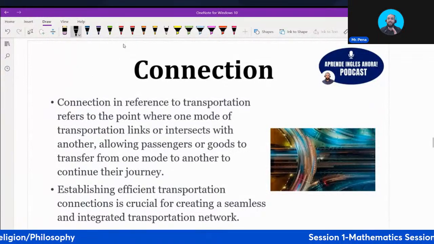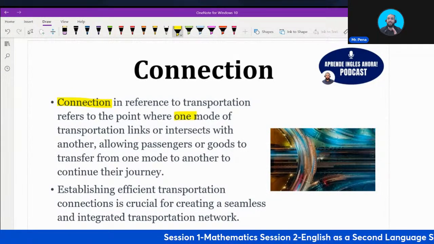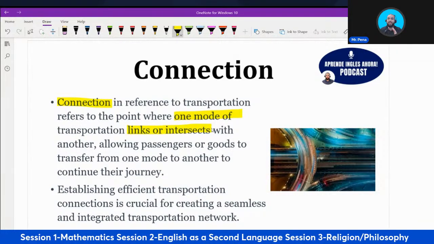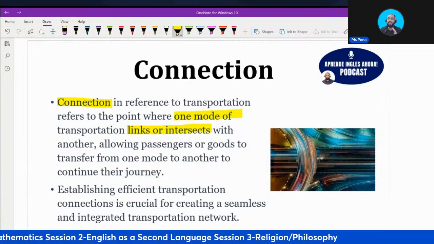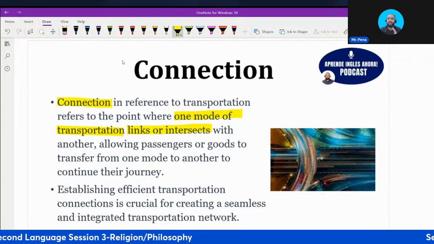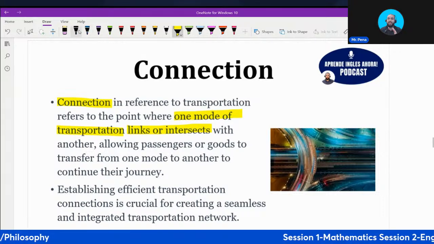Oh, we also have connection. The word connection: it's where one mode of transportation links or intersects with another. It's sort of like an expressway.